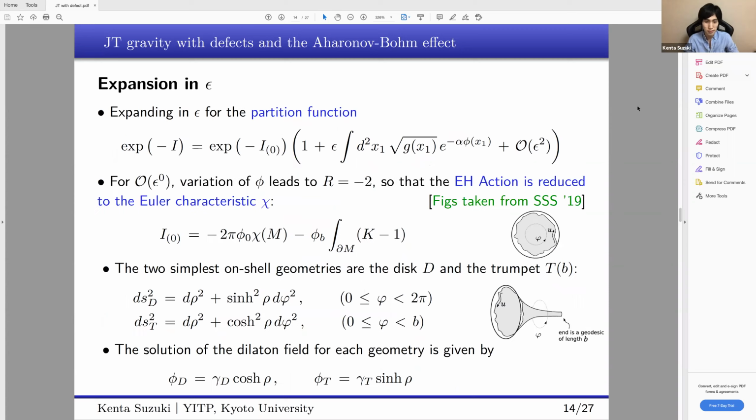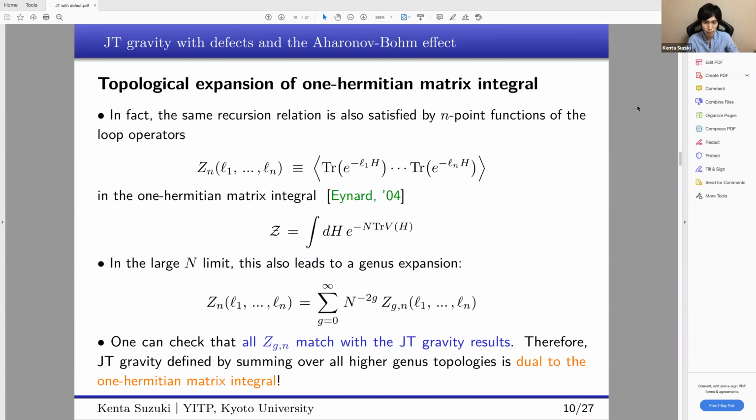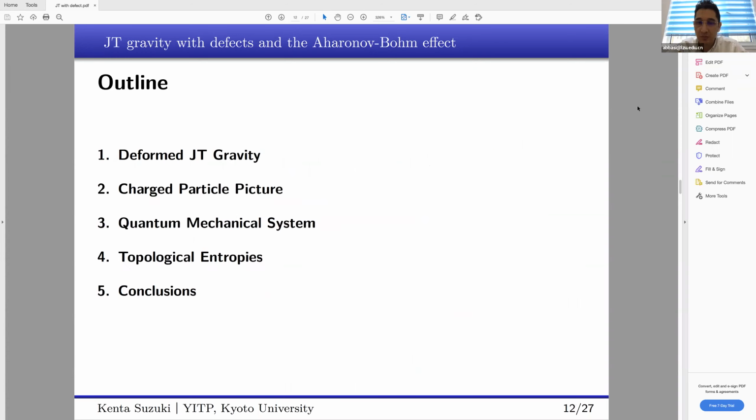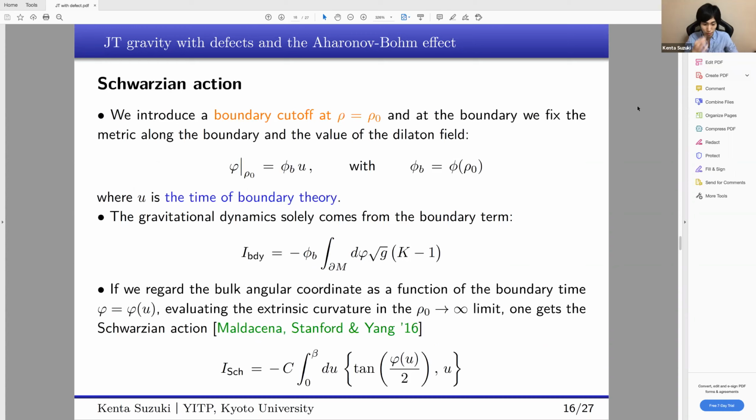So very interestingly, this Schwarzian theory was actually only for disk geometry.